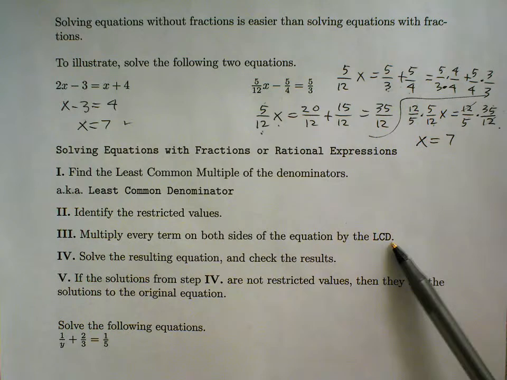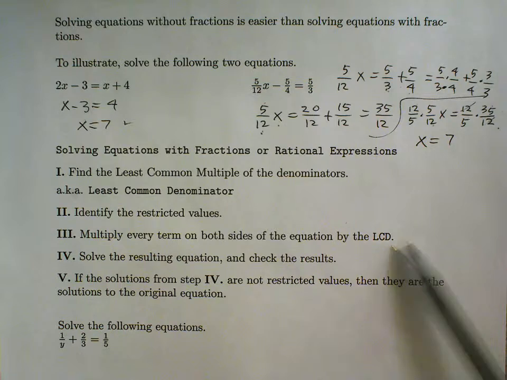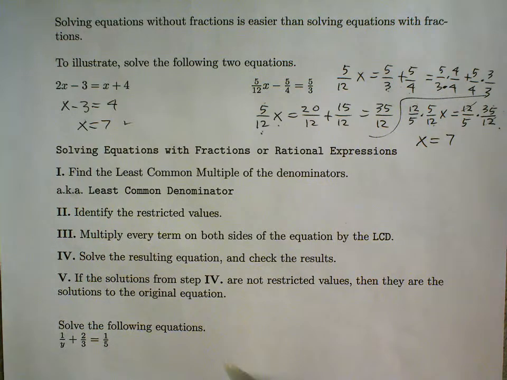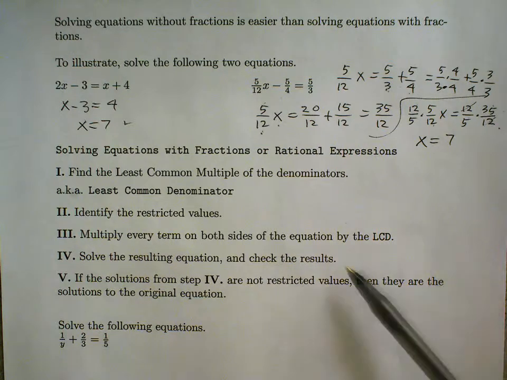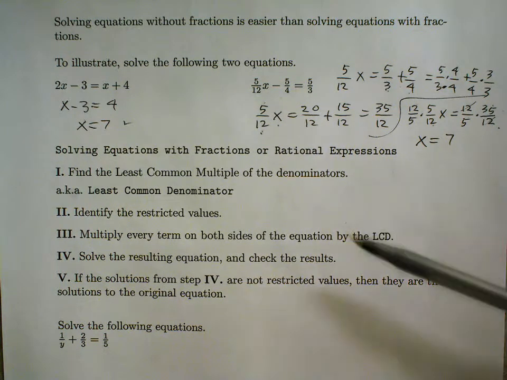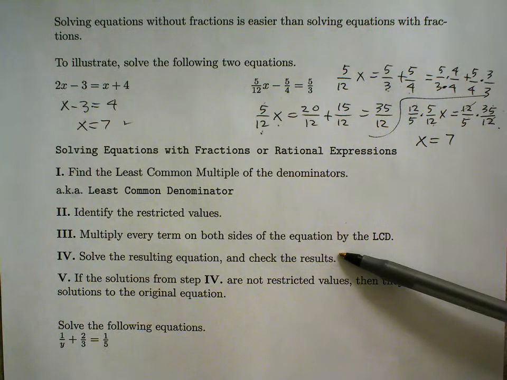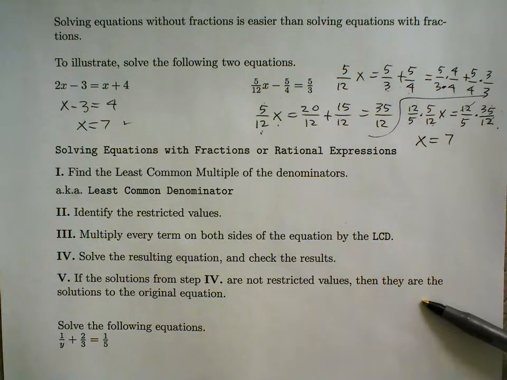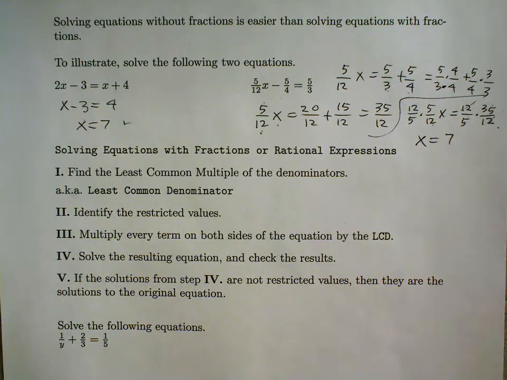The reason that we do that is so that we reduce every denominator to a factor of 1. Then solve the resulting equation and check the results. If the solutions from step 4 are not restricted values, then they are the solutions to the original equation.